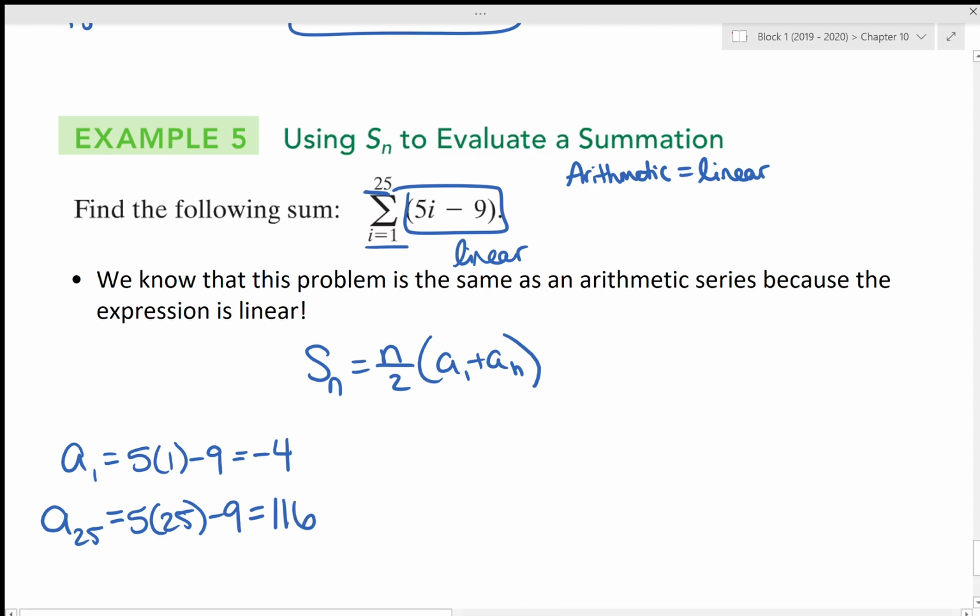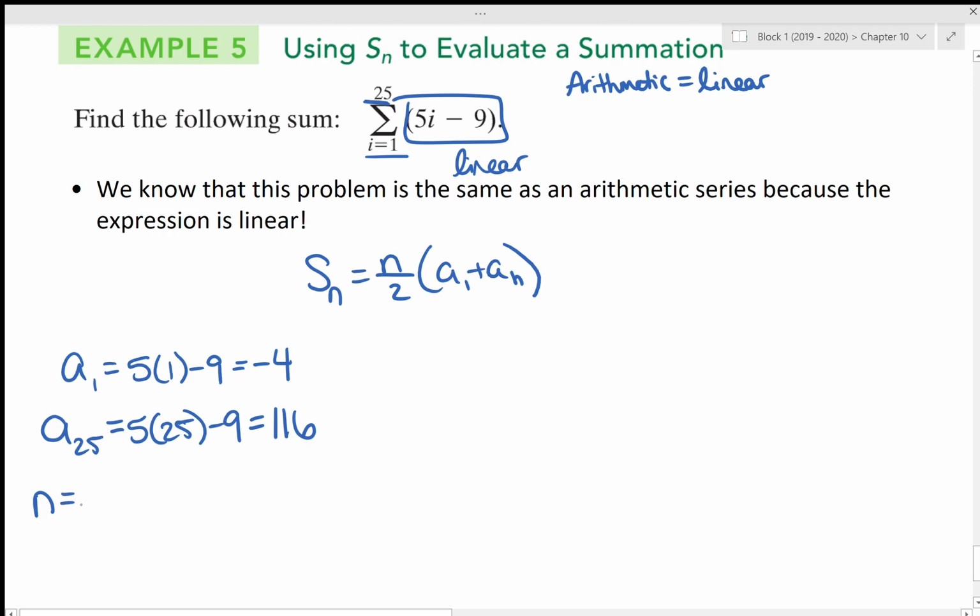Now you have to think, how many terms were there altogether? There was 1 all the way up to 25, so there were 25 terms. If I didn't start at 1, let's say I started at 3 and went 3 to 25, technically I was using 23 numbers, so I have to keep that in mind for the n over 2. But luckily I don't have to worry about that. So I'm going to find the sum of those 25 terms.